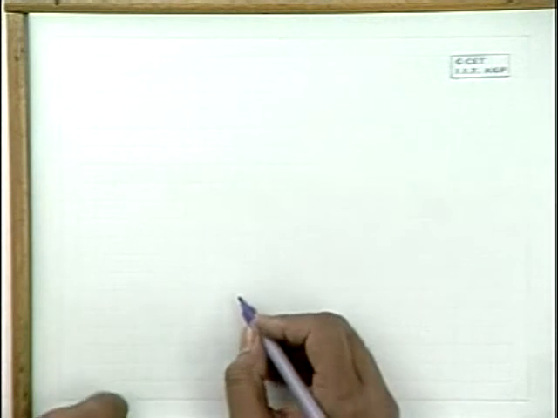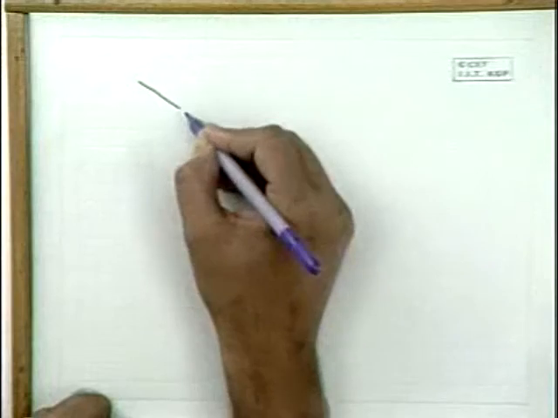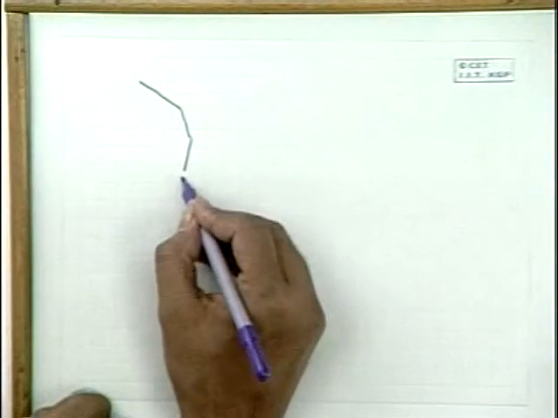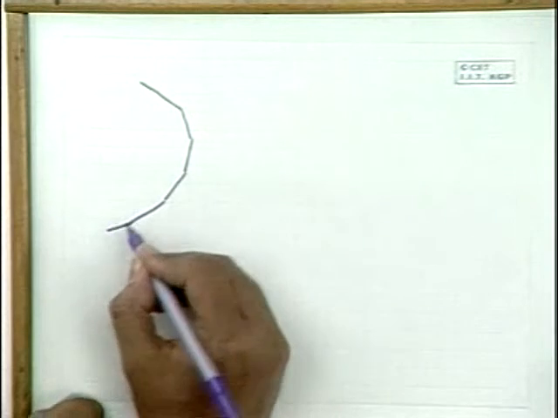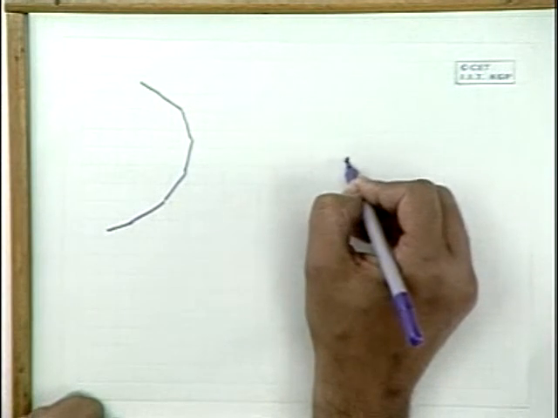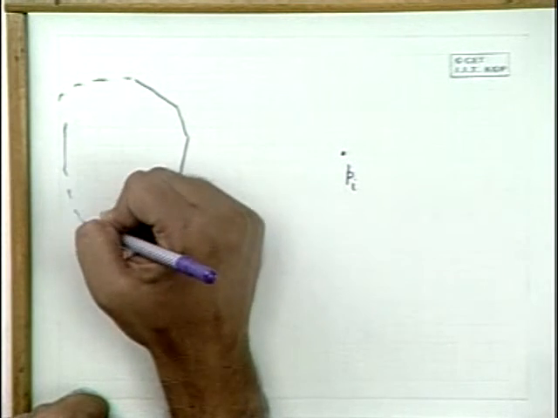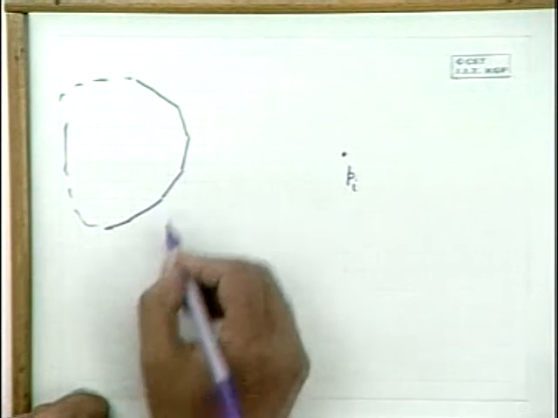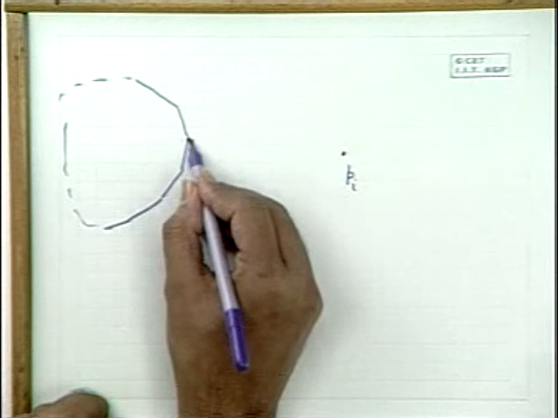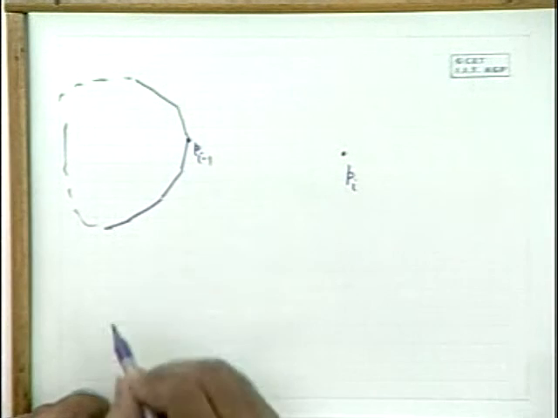Now let us look at a little bit more general case of determining these 2 bridges, upper bridge and the lower bridge, or upper tangent and lower tangent. In a very generic situation, what will happen is this, and probably your point Pi is here, and your convex hull is something like this, and your last point Pi minus 1 is here.